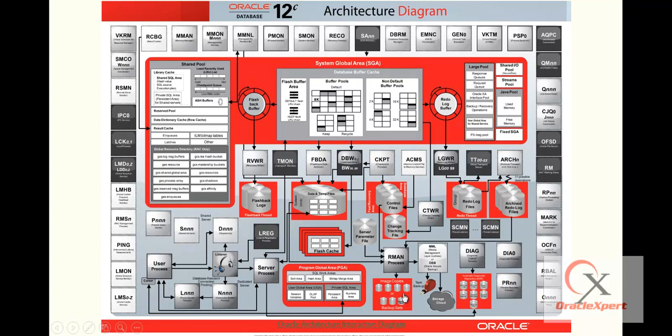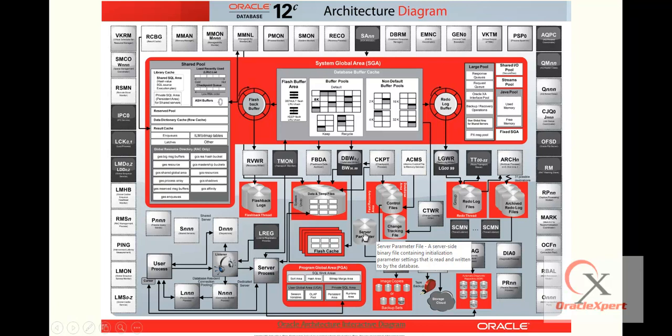When you intend to do a sort operation on voluminous data and the sort operation cannot be entirely done in the SQL work areas, especially in the sort area, then the entire data is divided into batches and the batches are sorted in the SQL work area memory space of your PGA, and once sorted the temporary results are then written to the temp files.